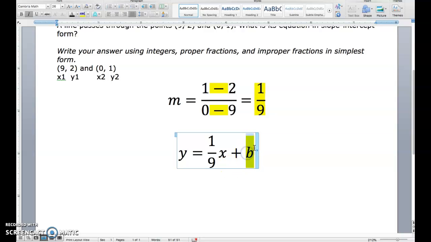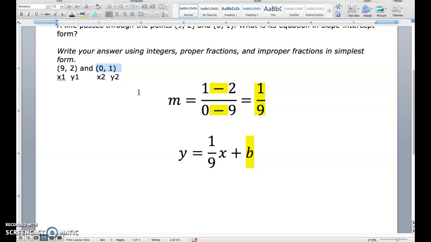Again, I need to find what b is, meaning I need to solve this equation for b. Here's what I need to do. I need to use either 9 and 2 for my x and y value, or I need to use 0 and 1. It doesn't matter which x value, y value pair I pick.